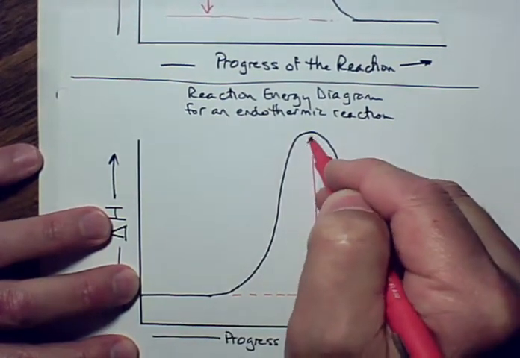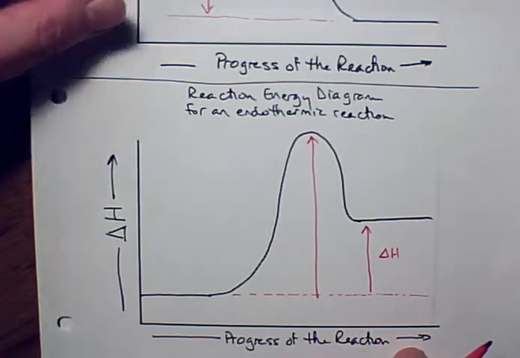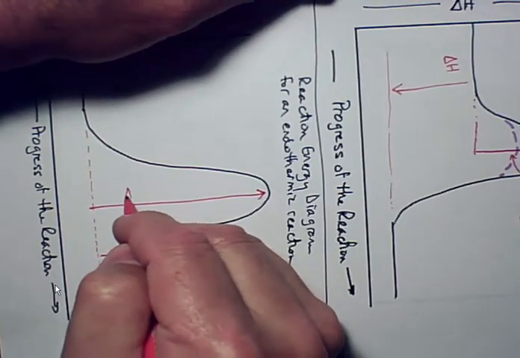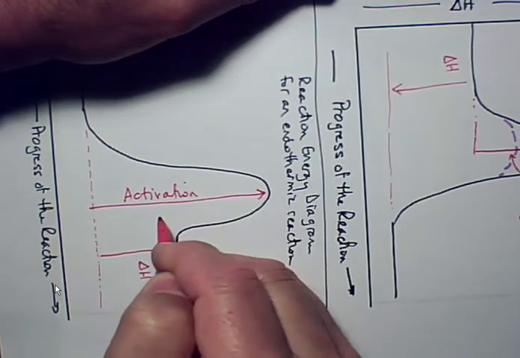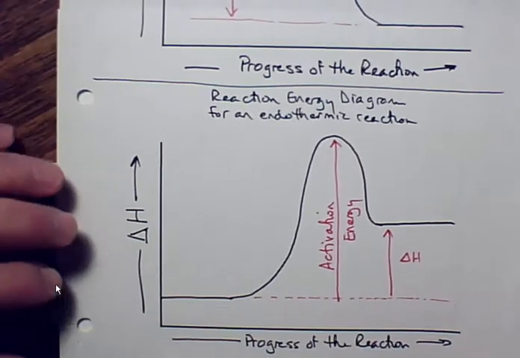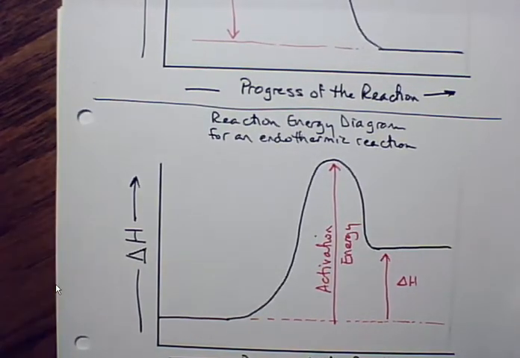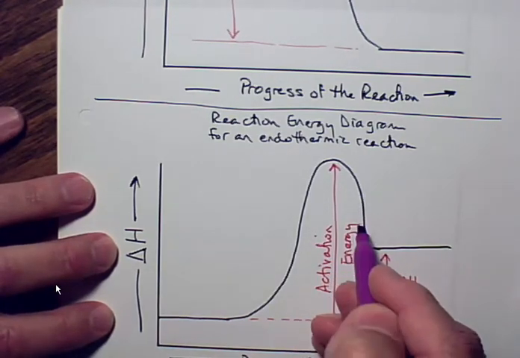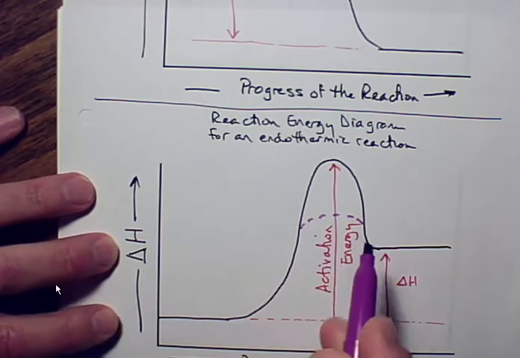The energy you start with compared to where you have to get to make it move forward, that's the activation energy. And if we want to see what happens with a catalyst, it works the same way. We're just going to cut off the top of that energy hill.